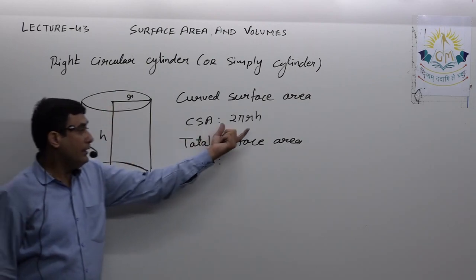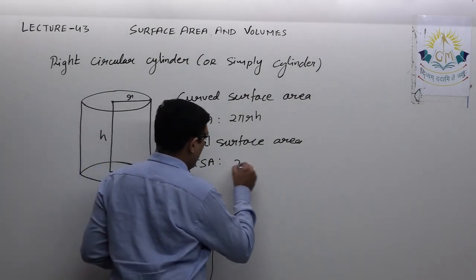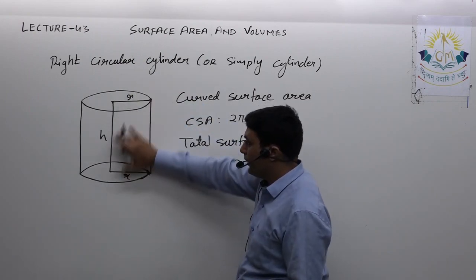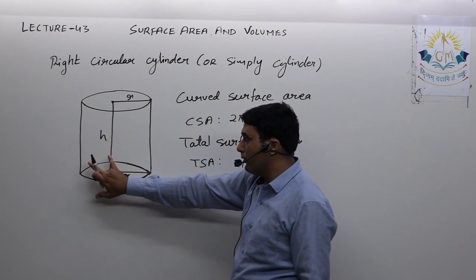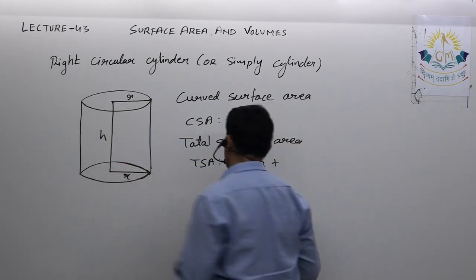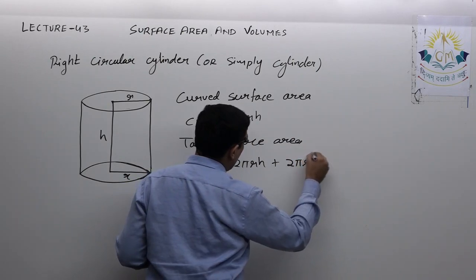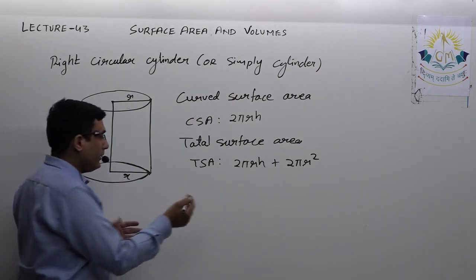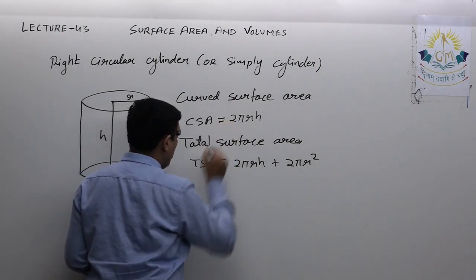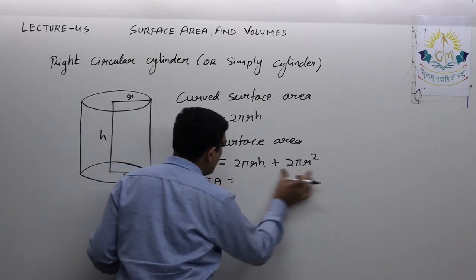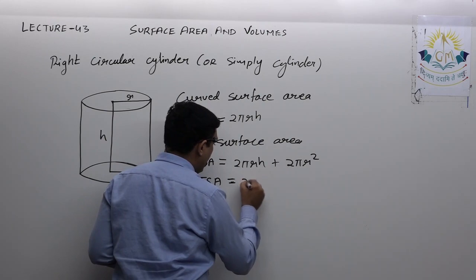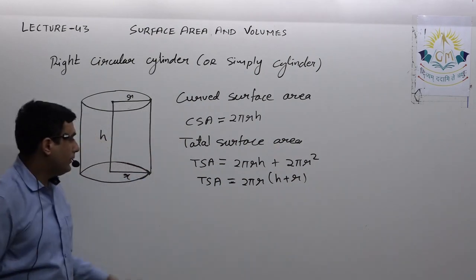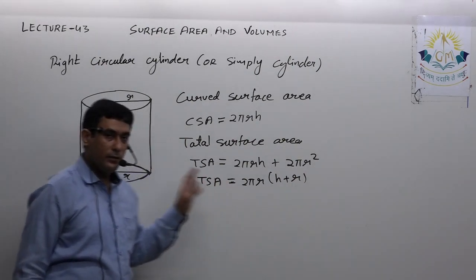So if I add the area of the remaining two surfaces to the curved surface area, that is pi r square plus pi r square, that means 2 pi r square, I will get the area of all the surfaces, that is total surface area. So TSA is 2 pi r h plus 2 pi r square. Now, I can take 2 pi r common, so here I will write 2 pi r times h plus r. This is the total surface area of the cylinder.